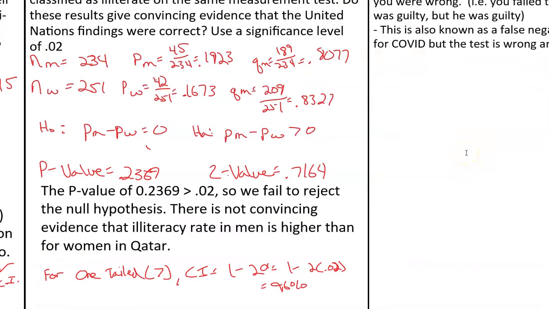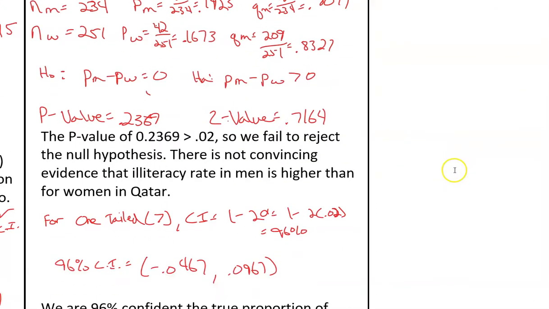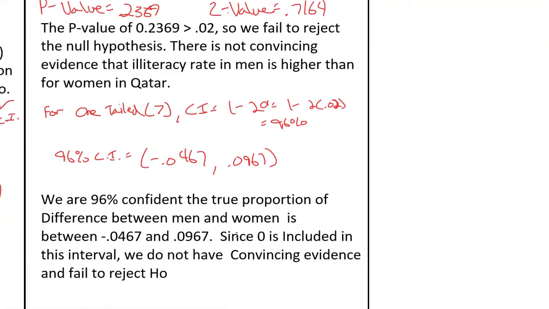All right, now that we have our confidence interval, let's come to our conclusion. That 96% confidence interval is negative 0.0467 to 0.0967, which means we are 96% confident the true difference in proportions between the men and the women is between negative 0.0467 and 0.0967.